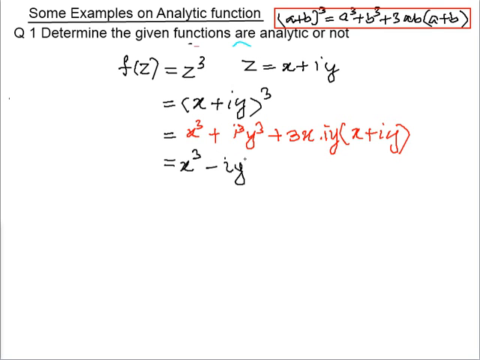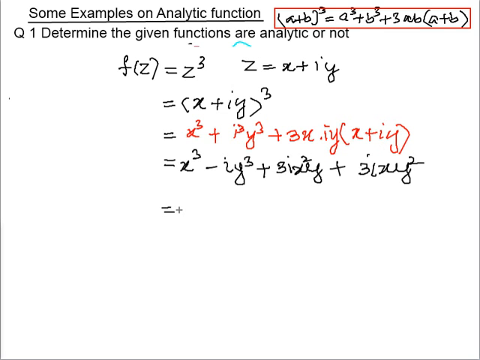Plus 3 iota x y, and when we open x, this is x square, plus again 3 iota into iota is iota square x y square.